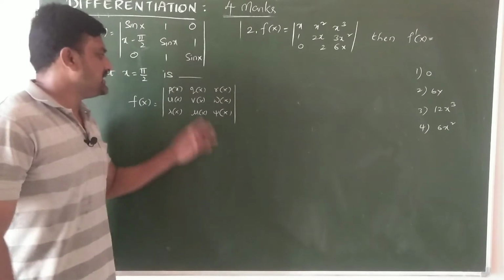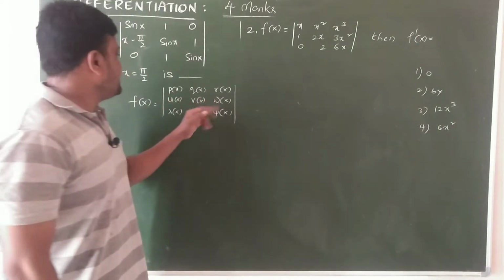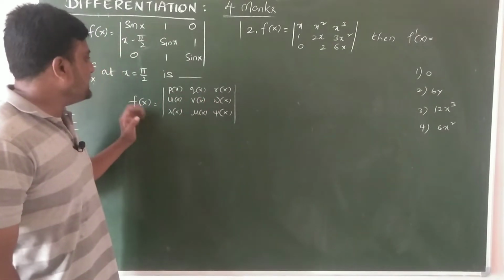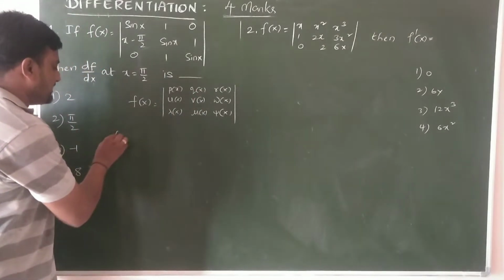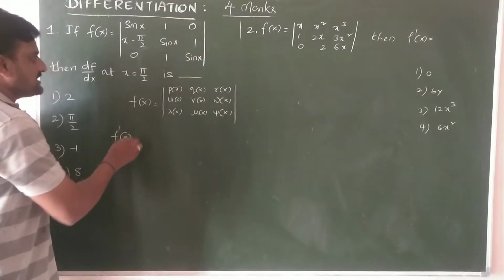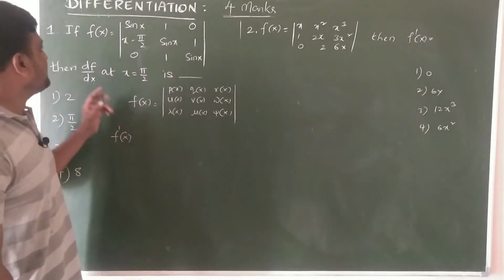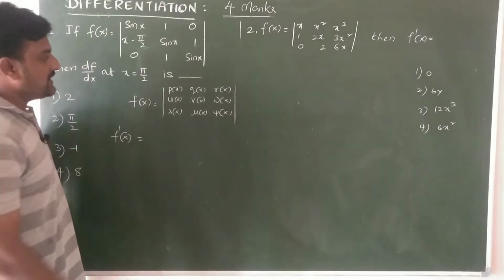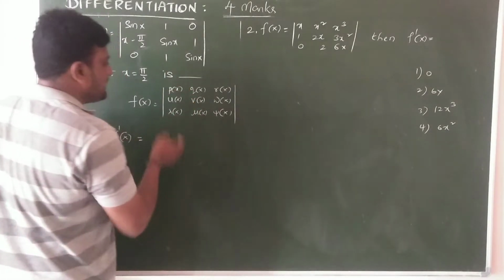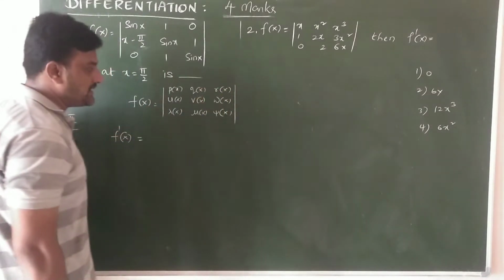Let us take any one, like this, a determinant of polynomials. Now the derivative of the determinant: let us observe, we take the differentiation of the first row only.